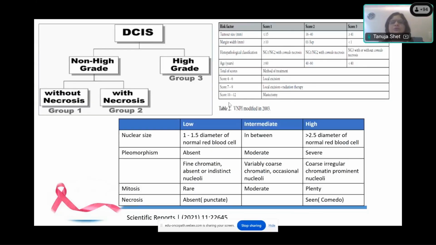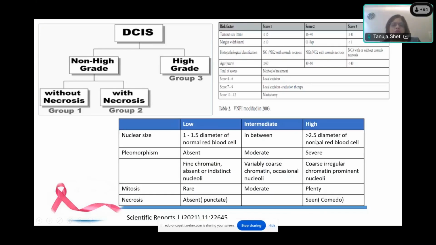We have to diagnose it on core biopsy. So then this is the system that we use. Just as we use for invasive breast carcinoma, there's a grading system as low, intermediate, and high in DCIS, and that depends on nuclear size. If the nucleus is 1 to 1.5 times the size of a normal red blood cell or a lymphocyte, it's low grade.